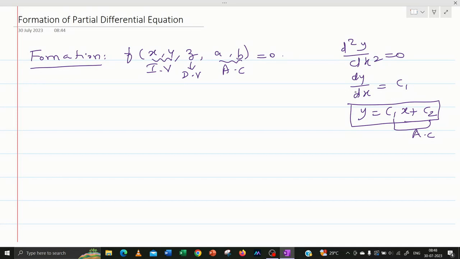In the same manner, for the formation of partial differential equation, there are two types. One is eliminating the arbitrary constants. Second one is elimination of arbitrary functions.